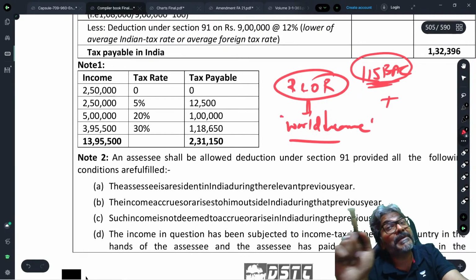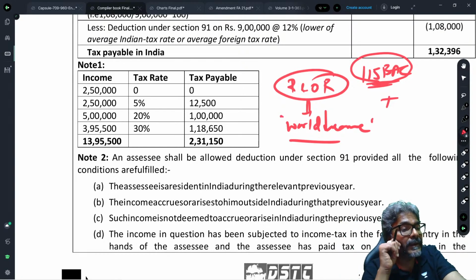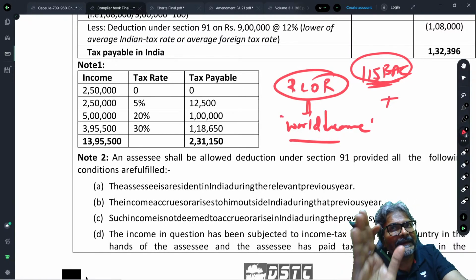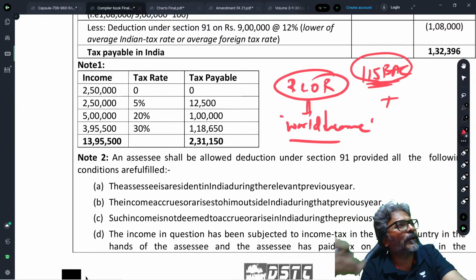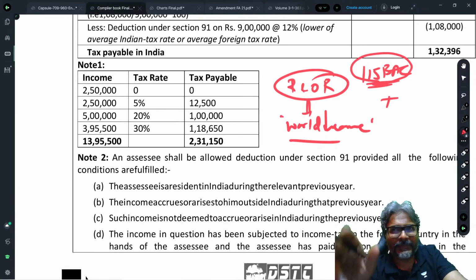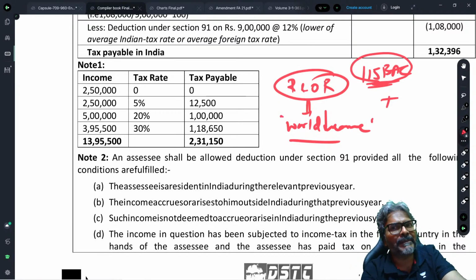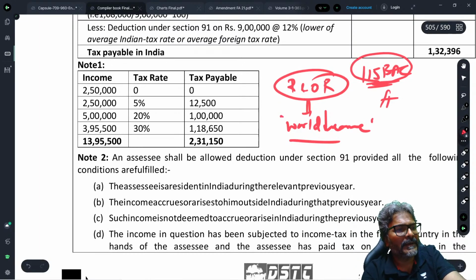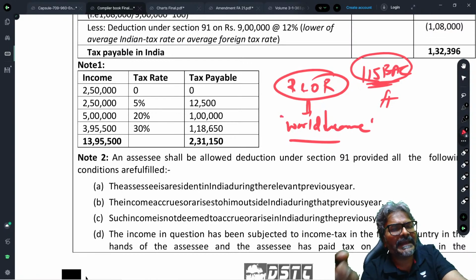And then the tax liability, the slab rate is also different. The slab rate is also different, students. Isn't it? At every increase of 2.5 lakhs, the rate also starts increasing. So we have seen the slab rate in the case of 115BAC. You can also quickly switch to the slab rate and see the difference yourself. So these are the ways in which the tax liability will have to be calculated.